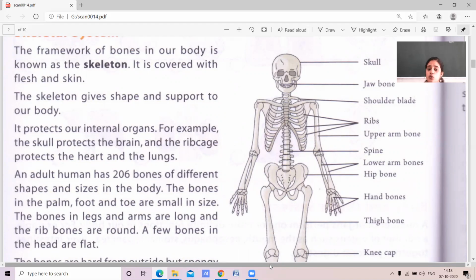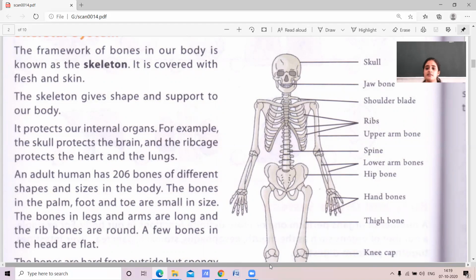The framework of the bones in our body is known as the skeleton. The skeleton is covered by flesh, meaning muscles, and the skin.